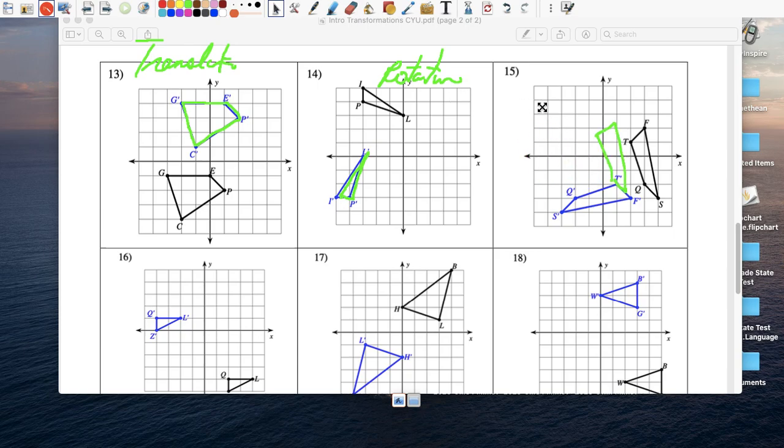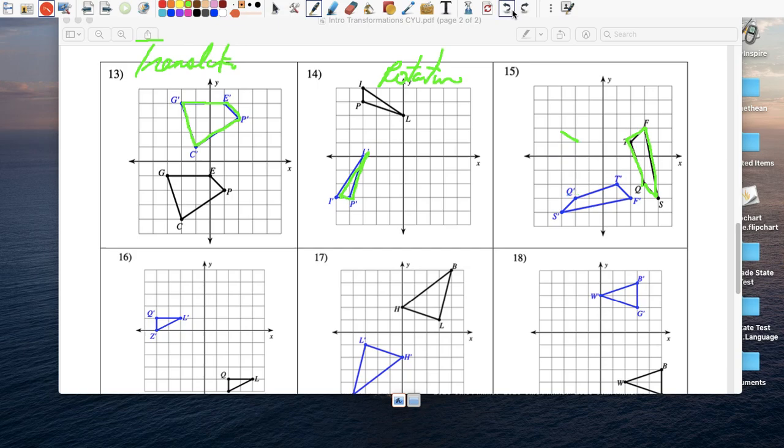And no matter how I move it left or right or up and down, it will never be in the position of the image that we see. So it's definitely not a translation. If that was reflected over the y-axis, its image would be somewhere over here. That's not it. So it's not a reflection.